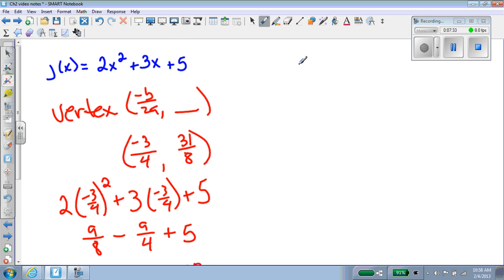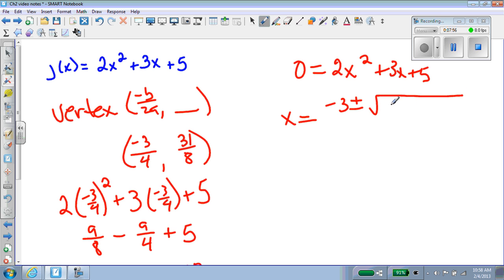My x-intercepts are going to occur where y is 0. 2x squared plus 3x plus 5. I don't think that's going to factor. I think I set it up not to factor. So I can solve this by using the quadratic formula. X equals opposite b plus or minus square root b squared minus 4ac all over 2a.